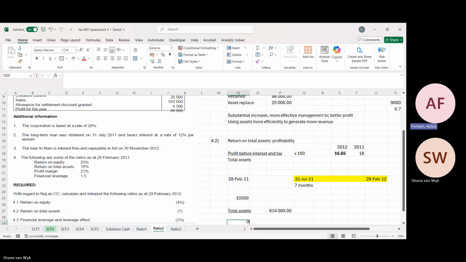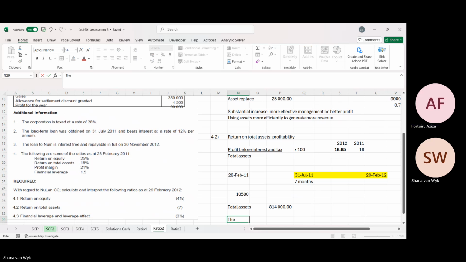So you can write there that it generates 16.65 cents of profit for every asset it owns.